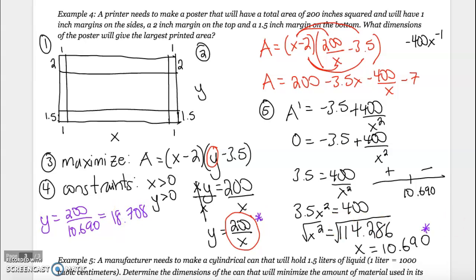And so then those would actually just be the dimensions of your poster, right? This would be a 10.690 inch by 18.708 inches. My dimensions are a little bit off, but that's all right. That would give you the maximum largest printed area.